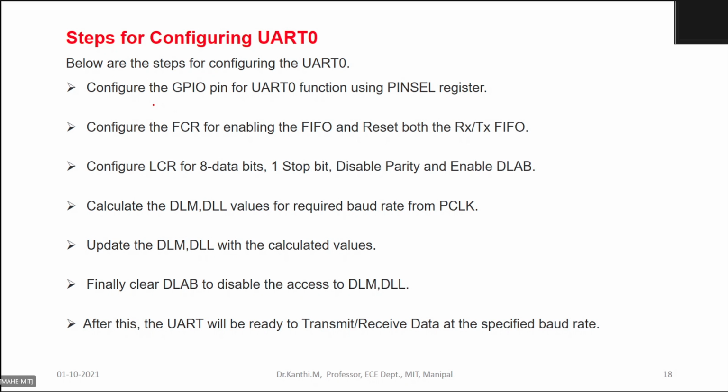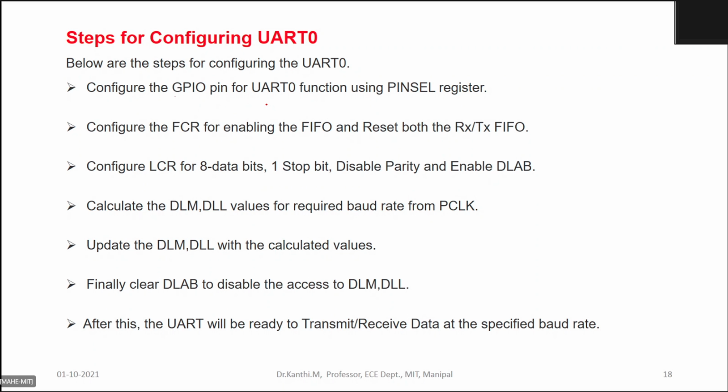Yeah. So these are the steps for configuring the UART. First, you have to configure the GPIO pin, because the UART is internally connected to the GPIO pins. Maybe in the last class I showed you the multiplexed pins.